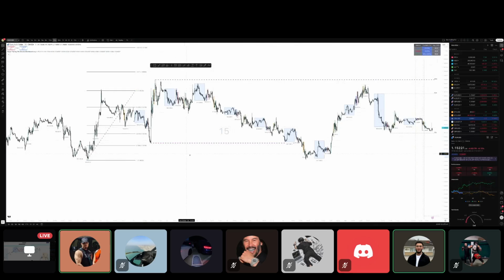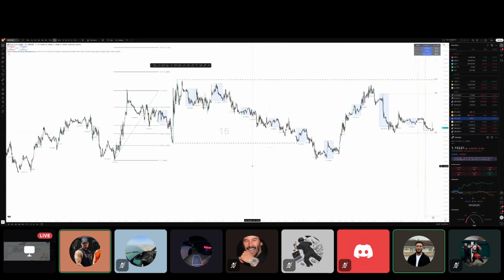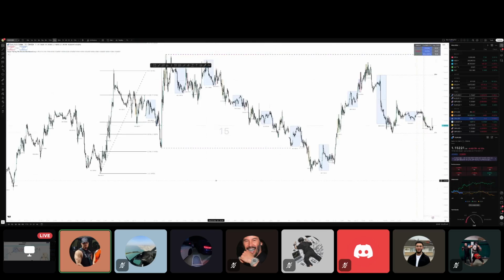You see, it's exactly the same right there. It didn't break structure to the upside. It respected the high and then it came down, induced, and then it went off. And right now it's respecting the low also, like where price is now. Exactly that.